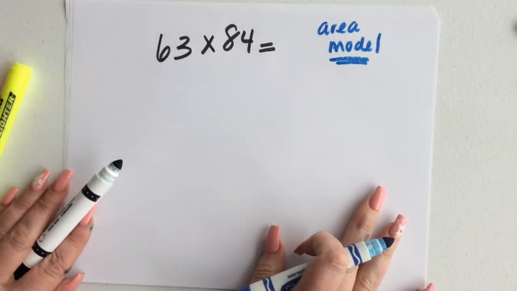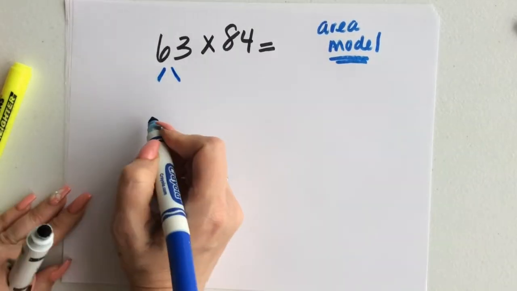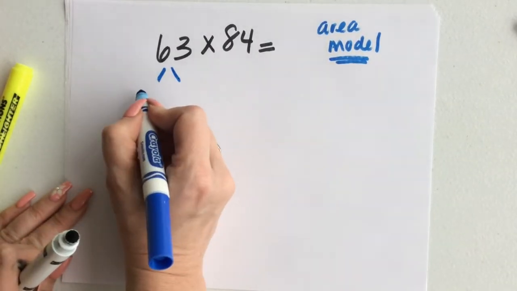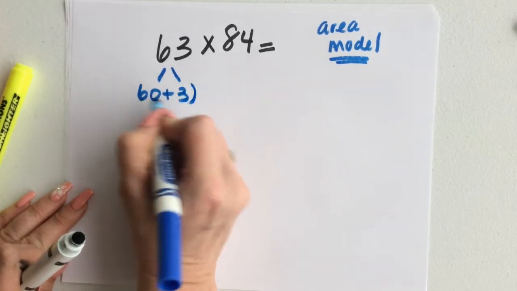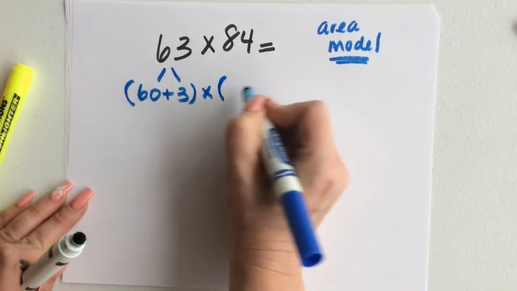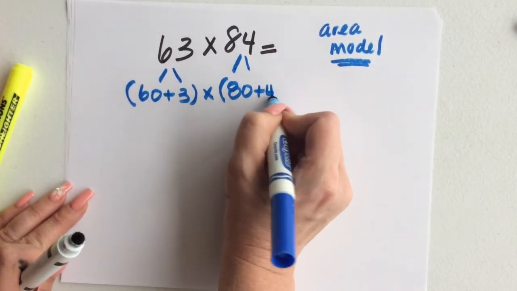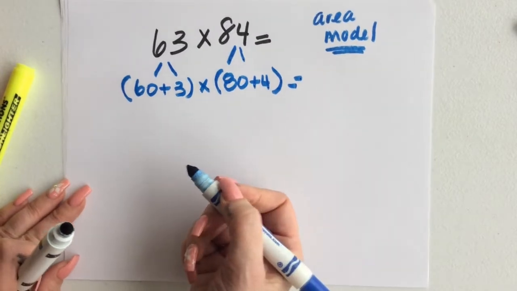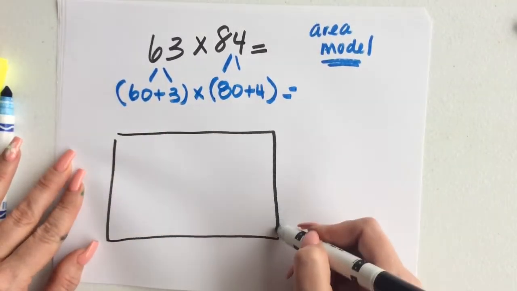So the first thing I do with an area model is I have to decompose my numbers into their place value. So 10s and 1s, so 60 plus 3. And then how about this one here? 80 plus 4, awesome sauce. And then I draw my handy dandy area model.